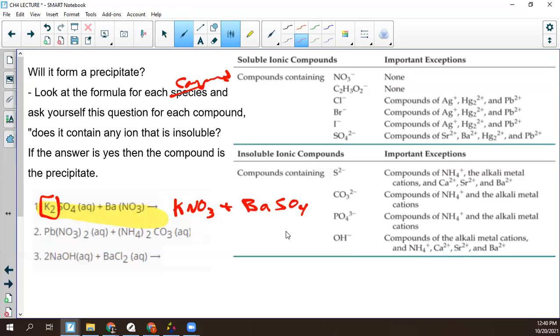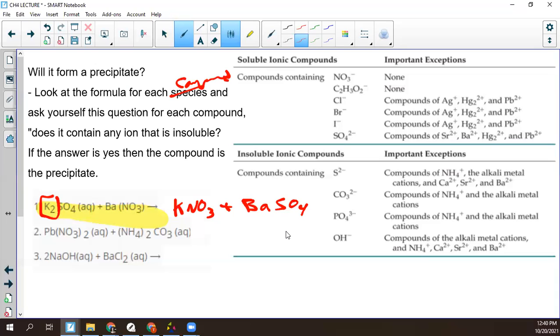You'll notice these are all anions. So you just look at the back half. NO3 is not insoluble. You come up here, it says it is soluble and there's no exceptions. So would this ever be your precipitate? No. So we ask ourselves, is the anion or any part of it insoluble? No. So not a precipitate.